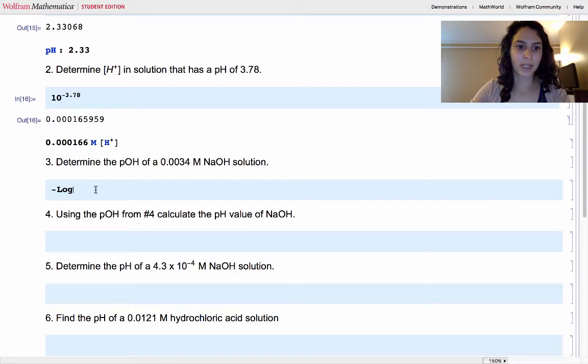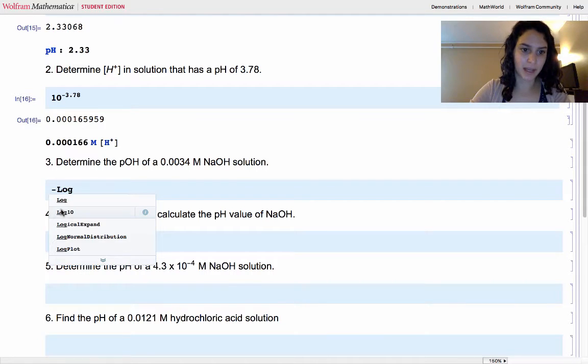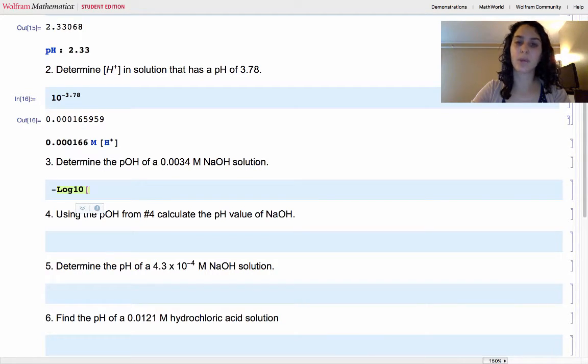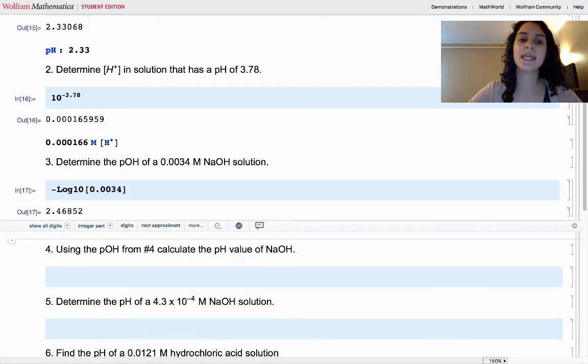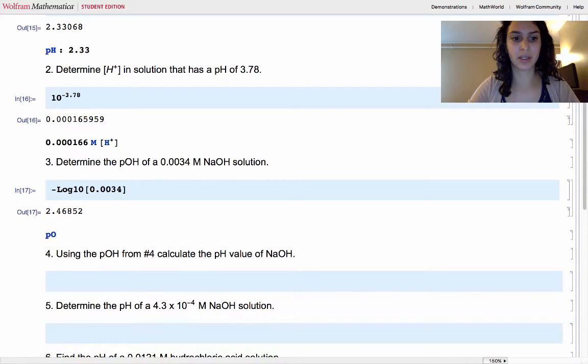So for negative log 10 square bracket of 0.0034, Shift Enter. This is my pOH. So the pOH of my sodium hydroxide would be 2.5 because I need 2 significant digits.